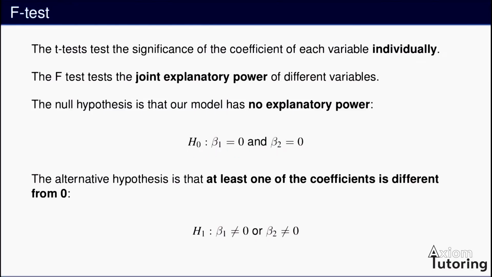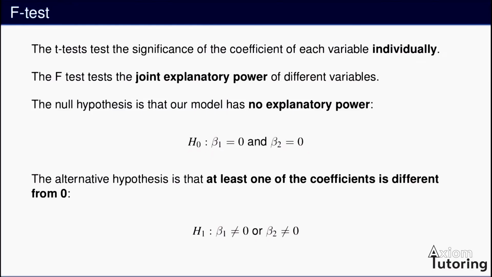Because if both coefficients are equal to 0, then neither x1 nor x2 has any explanatory power, and therefore my model does not have any explanatory power at all, because those are the only two variables that are included in my model.